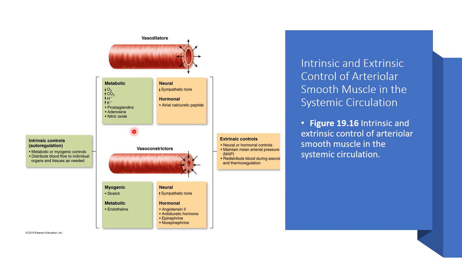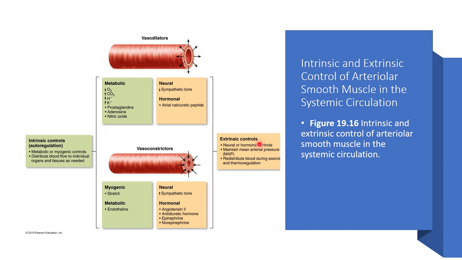In the intrinsic control, in the metabolic aspect, a decrease in oxygen, an increase in carbon dioxide, hydrogen ion, potassium ion, prostaglandins, adenosine, and nitric oxide will have the effect of dilating the blood vessel.